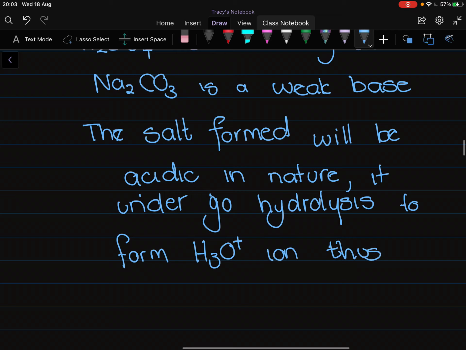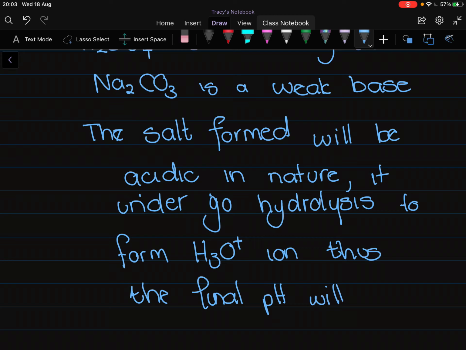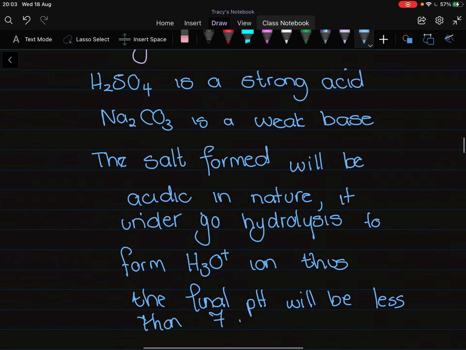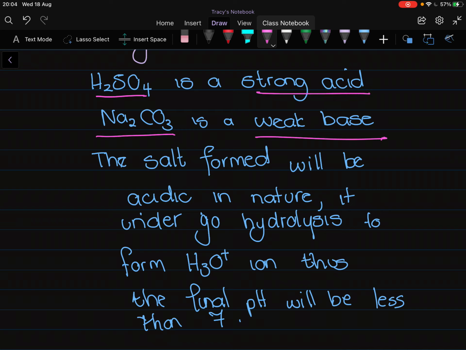Thus, the final pH will be less than 7. Okay, so that's a lot to write down. But that's okay. So what are we looking for? I'm looking for, do you know that H2SO4 is a strong acid, Na2CO3 a weak base, we get an acidic salt, hydrolysis will happen, and the pH will be less than 7.